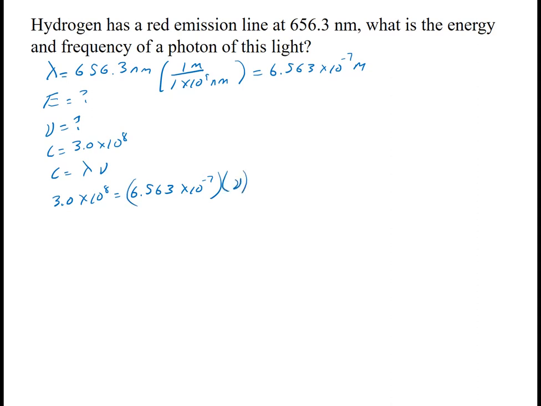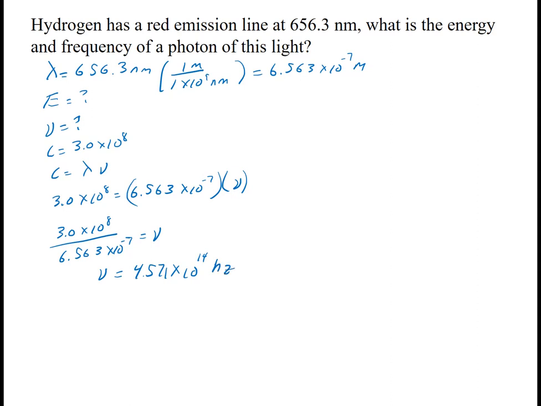So I'm going to divide both sides by this. So I have 3.0 times 10 to the 8th divided by 6.563 times 10 to the minus 7th is nu. So nu ends up being 4.571 times 10 to the positive 14 hertz.